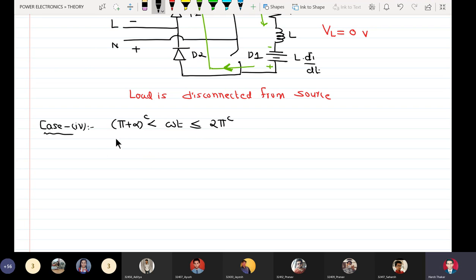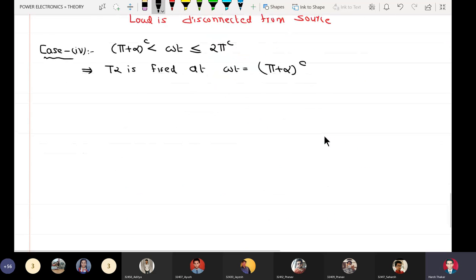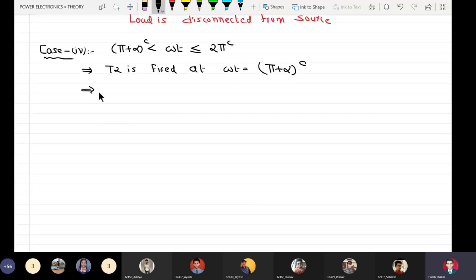Okay, so here, similar to case number 2, what happens is that incoming T2 pushes T1 out.